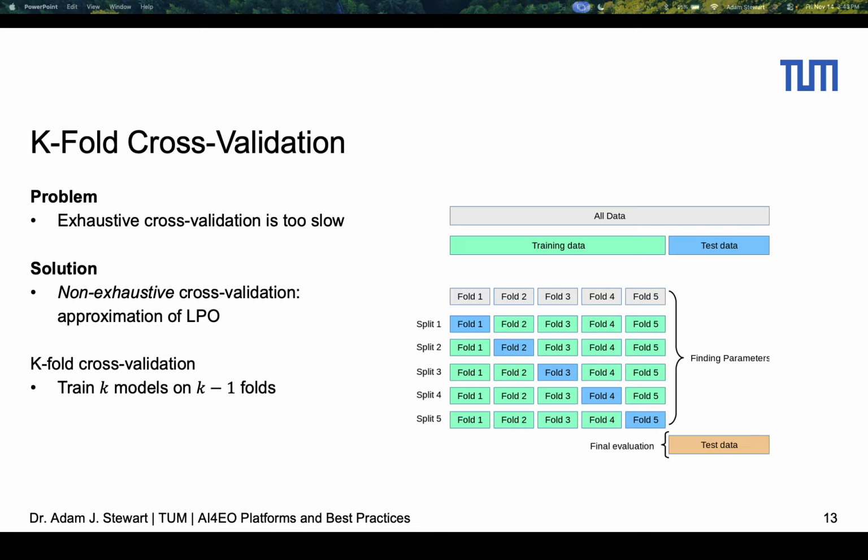You could also do the same thing for the train test split or just the train validation split. It's up to you. It really depends on how much data you have, how much time you have. But in general, the more diverse ways of evaluating your data set, the more reliable the performance metrics are, the less variance there is just from a few really hard examples in your testing data versus your training data.